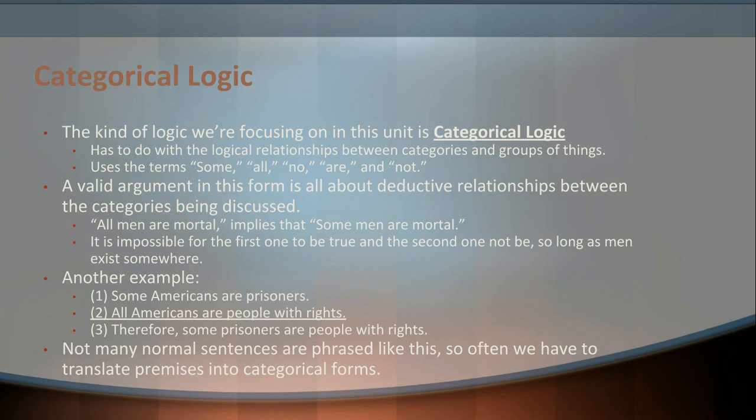Now, it's worth noting that not a whole lot of ordinary sentences are phrased like this. You probably don't hear all, some, or none in every sentence of everything you deal with. It's just not a way that we always structure sentences. So we have to do some translation.